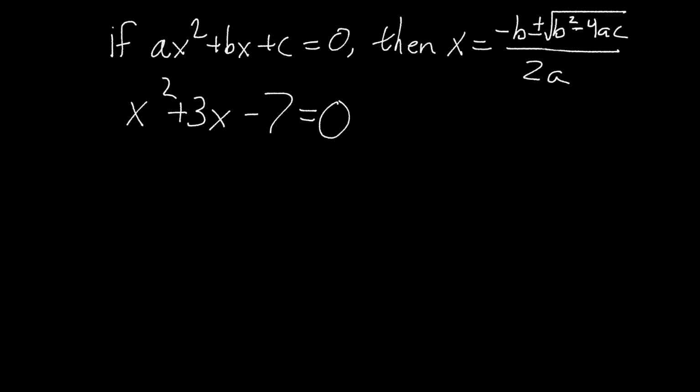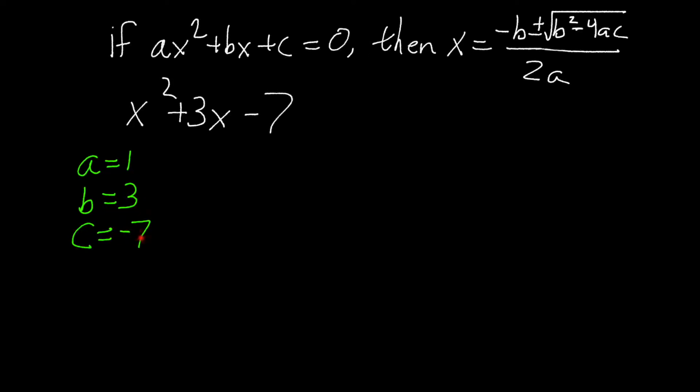But even if it's not equal to 0, for the purpose of this video, we are going to be solving it as if it was. So, formula's right up here. First, let's get our a, b, and c. A equals 1, b equals 3, c equals negative 7.